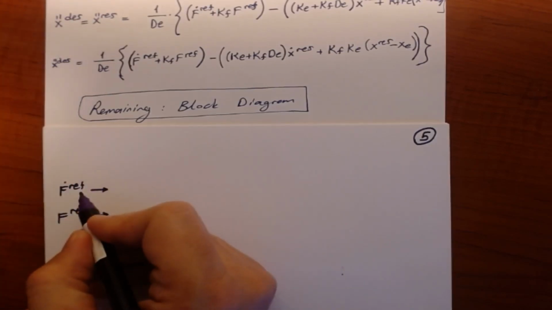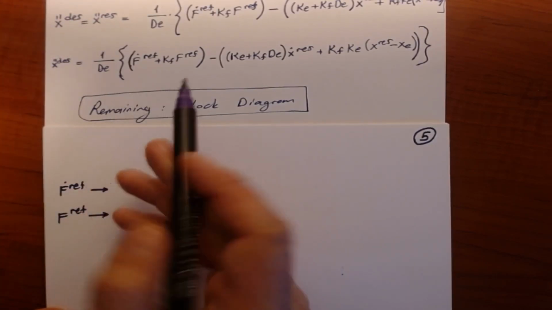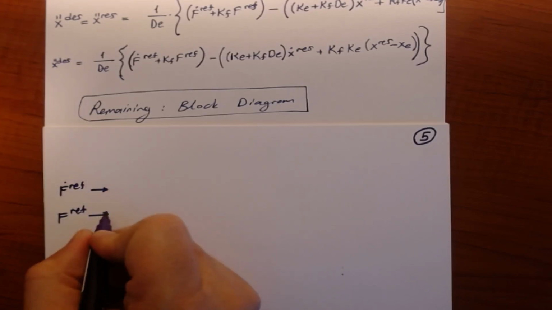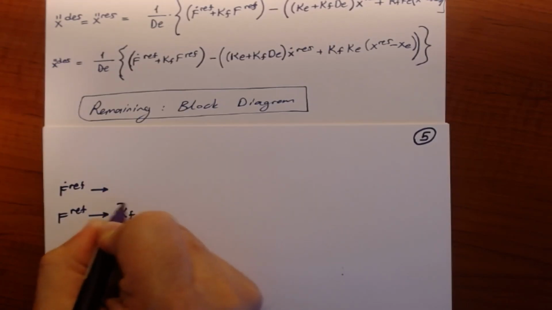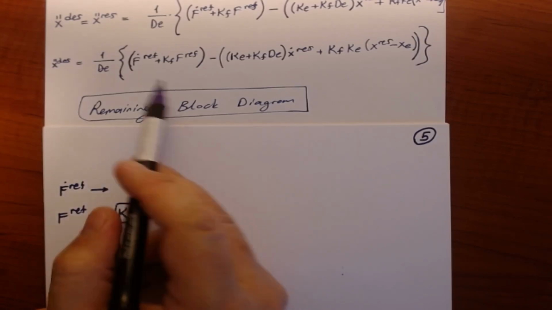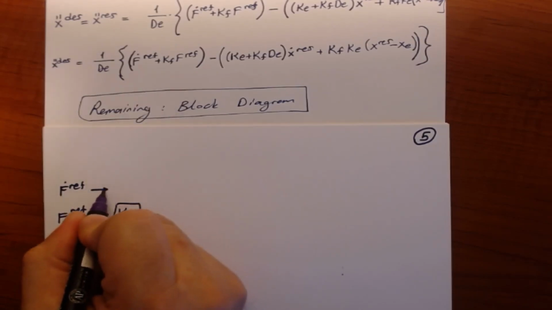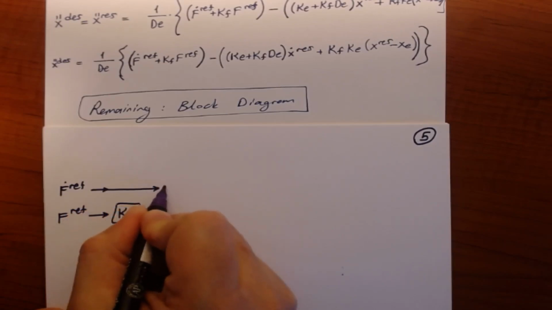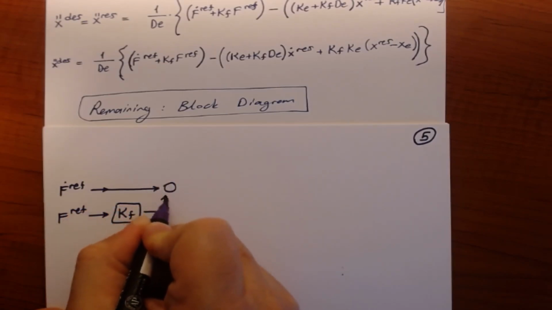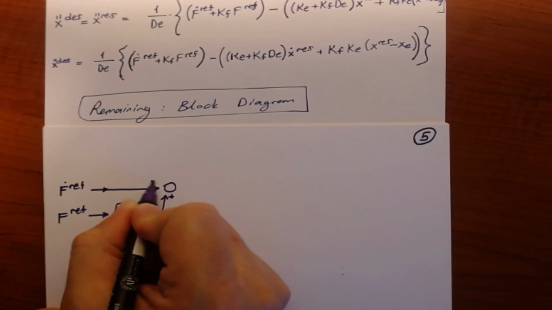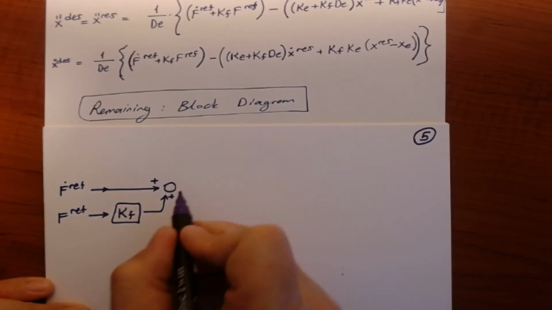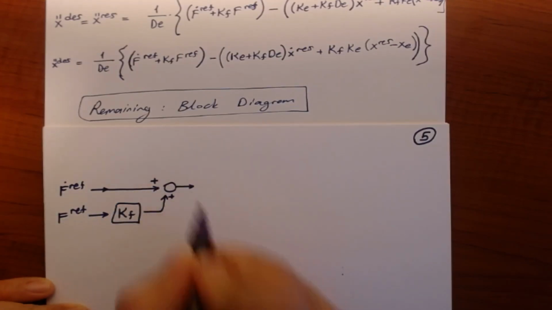All right, f dot ref and f ref. So f reference should be multiplied by kf and they're added up. So we have simply this, plus and plus. This is our reference channel, right?